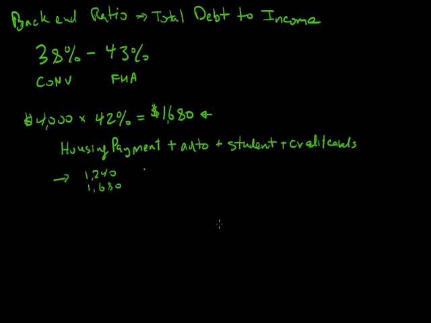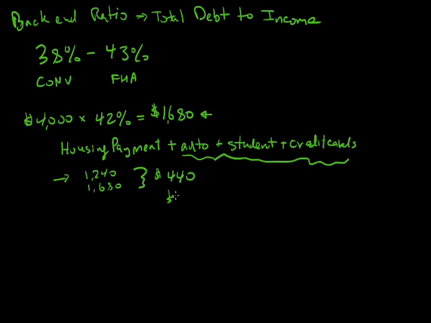So they're letting you have $440 available for your car payments, student loans, credit cards, any bills that show up on your credit report.